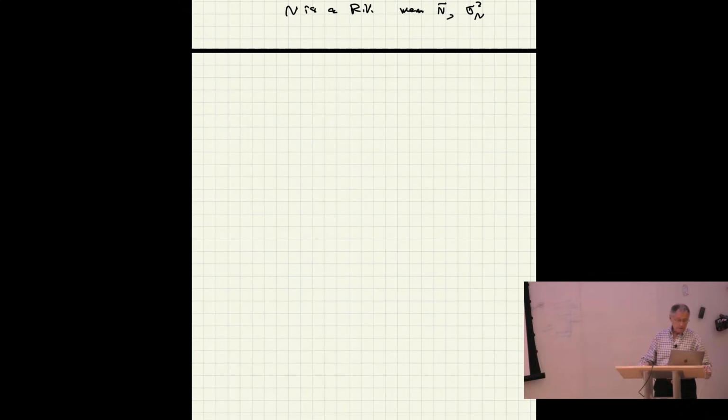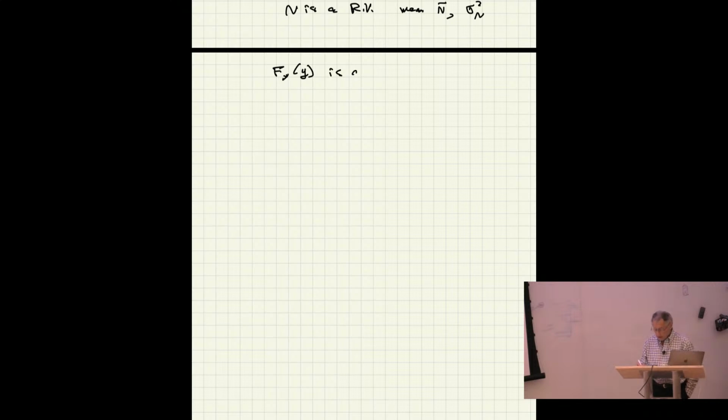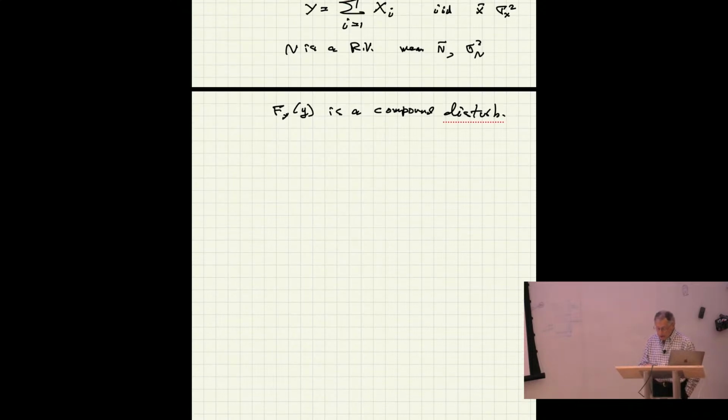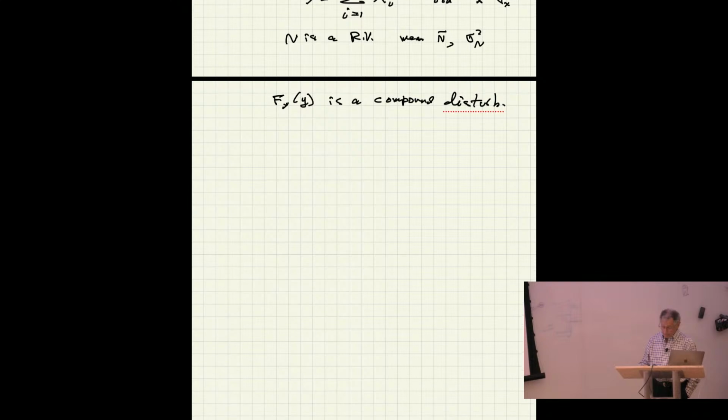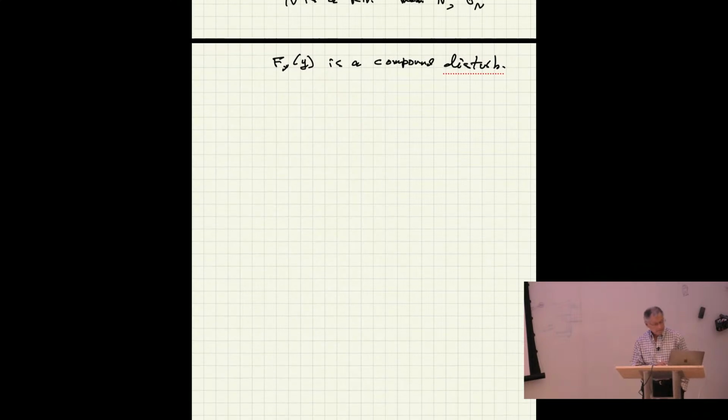Now it's going to get interesting. F sub y of y, the distribution function for this sum, is what's called a compound distribution. It's compound in the sense that the number of elements is a random variable. And this gets really interesting now.